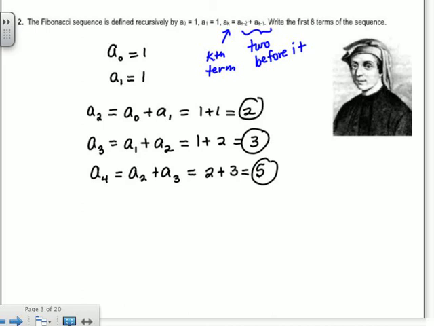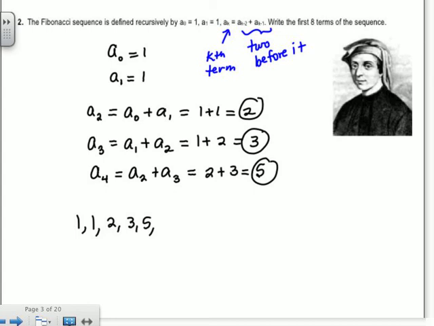All right, this is going to be kind of annoying to do for 8 terms. So let's think about what we have. My sequence, I started with 1, then I had 1, then I went to 2, 3, 5. What's the next one? 8. Jack, how'd you get 8? You added what together? Yeah, you just add the 2 directly before it.